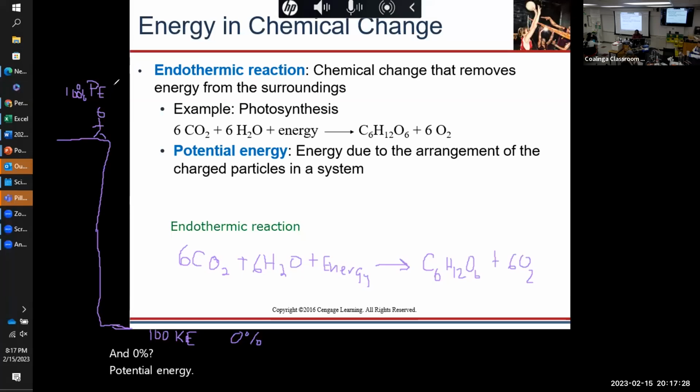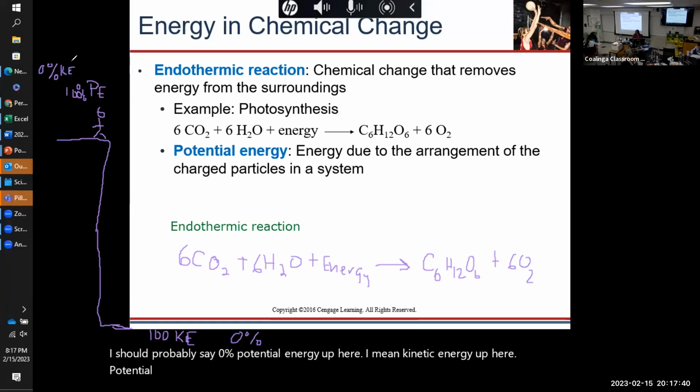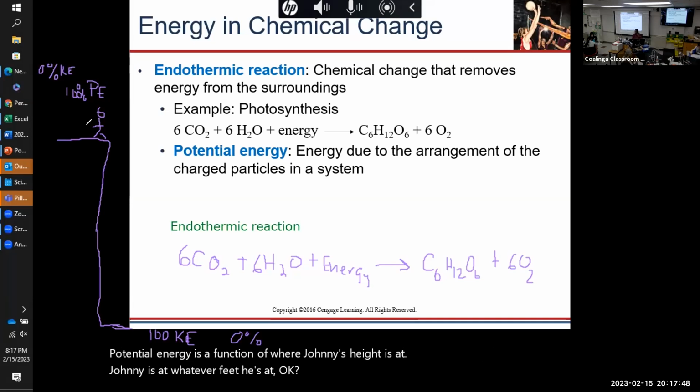I should probably say 0% kinetic energy up here. Now, potential energy is a function of where Johnny's height is at. Johnny is at whatever feet he's at. It's a function of that.